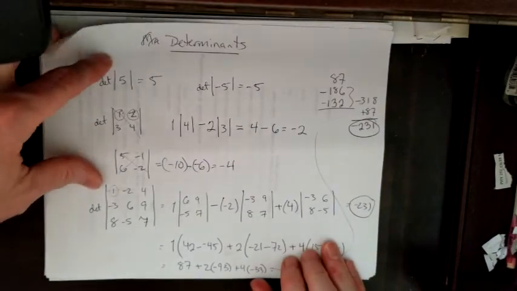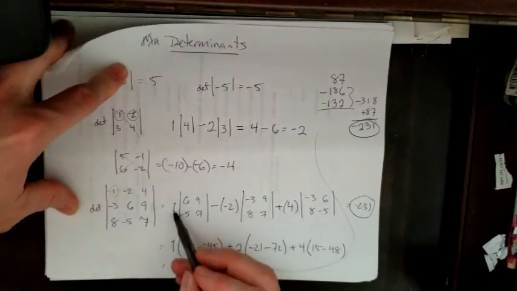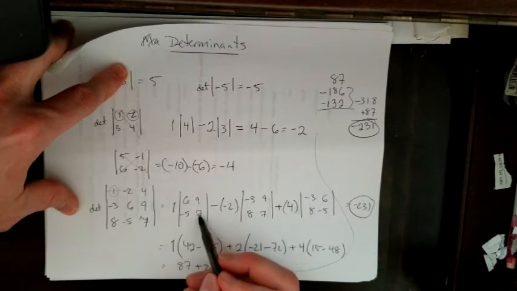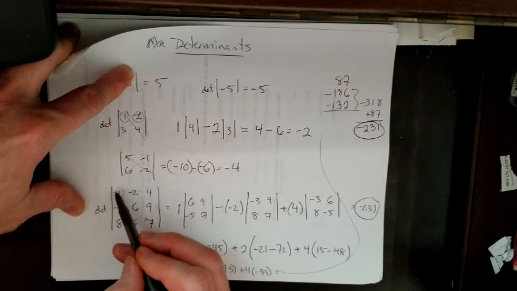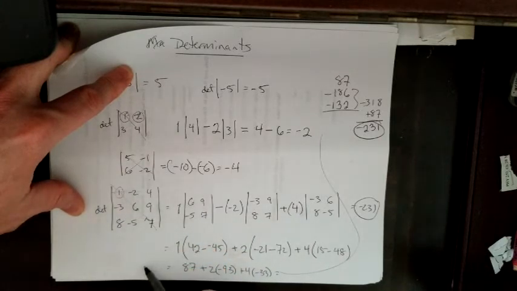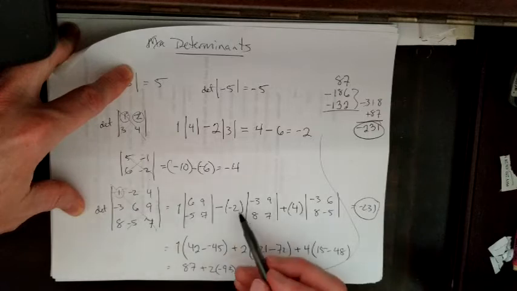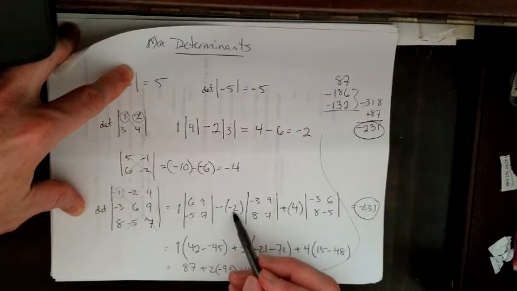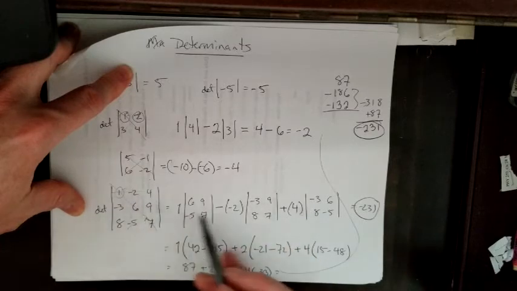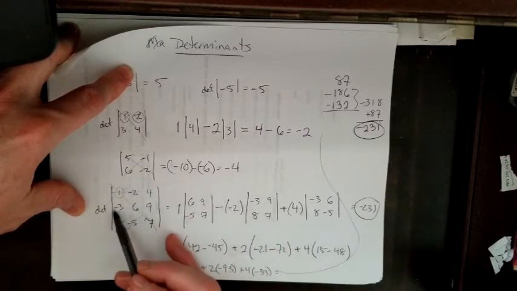Notice, ultimately what I ended up doing is that I did 1 times 6 times 7 minus 1 times 9 times -5. So I multiplied those together, and I subtracted that. Then I had minus -2 times this, so I basically ended up subtracting -2 times -3 times 7.